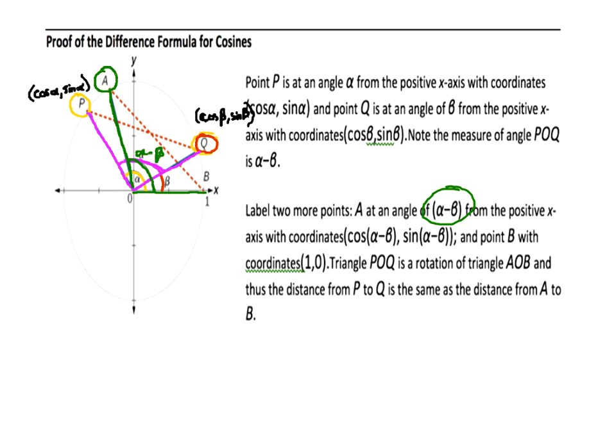So what we're going to do is prove that, because we're starting with the premise that those two angles are the same, we're going to show that this distance PQ is equal to this distance AB.